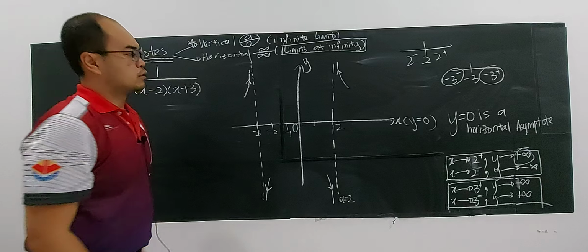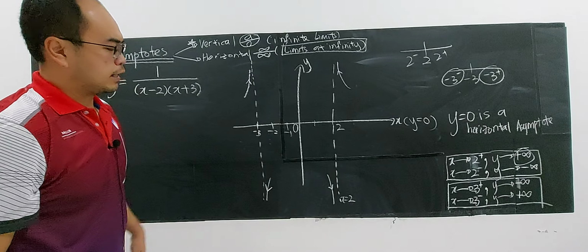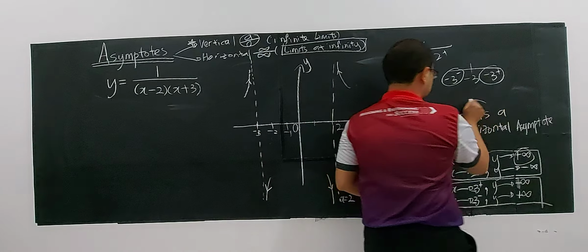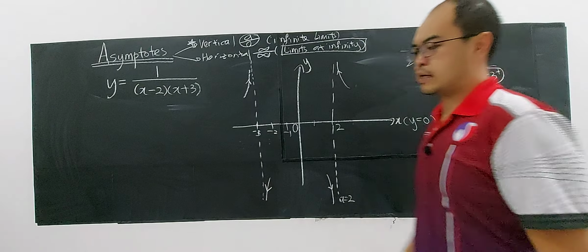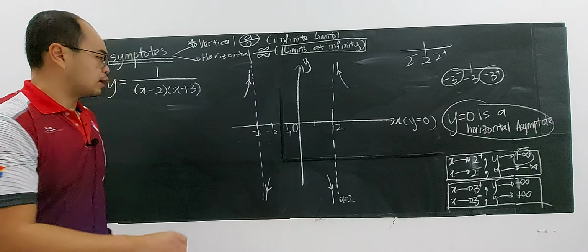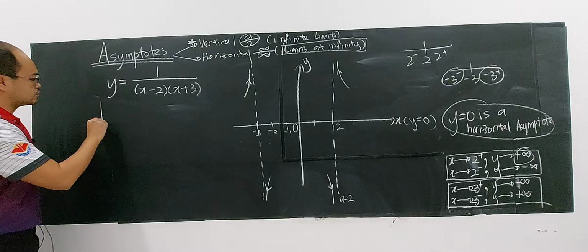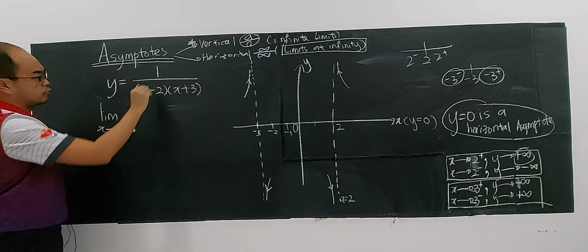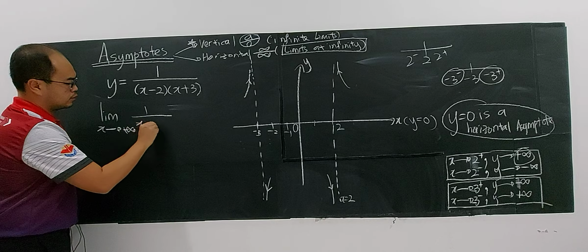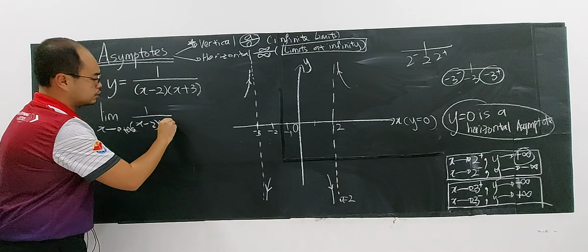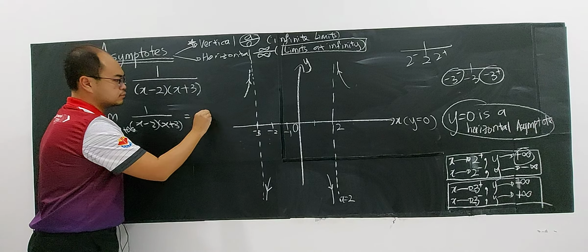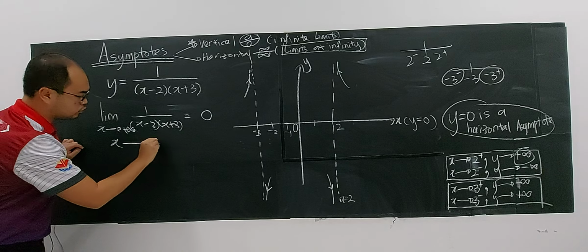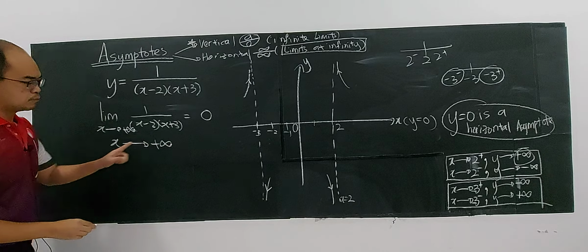Okay, now you know how the graph goes, but you need the information for the horizontal asymptote. Just now you found the value of the limit when x approaches positive infinity, and you are getting 0. That means when x goes to positive infinity, x becomes very big.